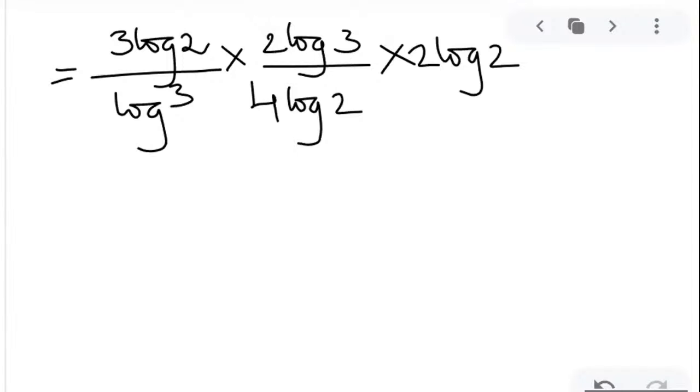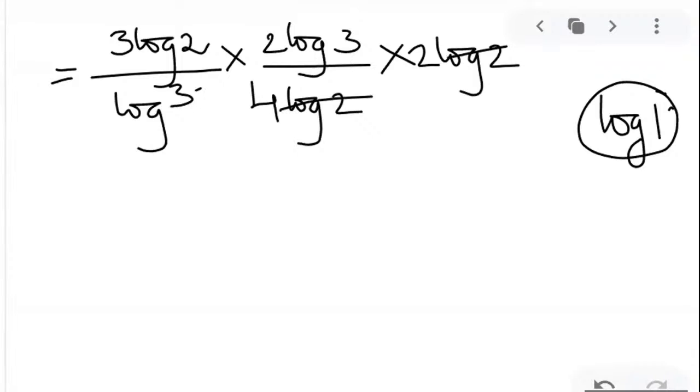So my logarithms, except log 1, everything else is a positive number. So all of this I can cancel off. Log 2 can be cancelled. Log 3 can be cancelled. What am I left with? 2 2s are 4. What is left?